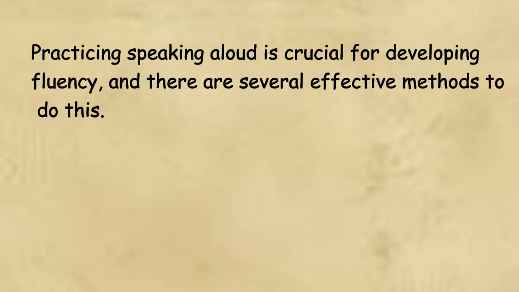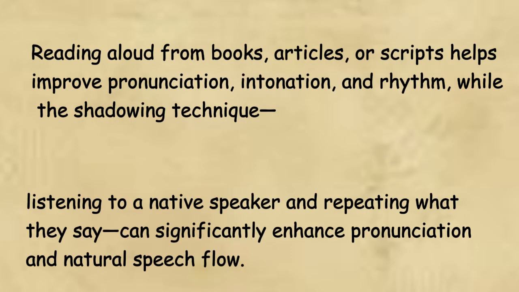Practicing speaking aloud is crucial for developing fluency, and there are several effective methods to do this. Reading aloud from books, articles, or scripts helps improve pronunciation, intonation, and rhythm, while the shadowing technique, listening to a native speaker and repeating what they say, can significantly enhance pronunciation and natural speech flow.